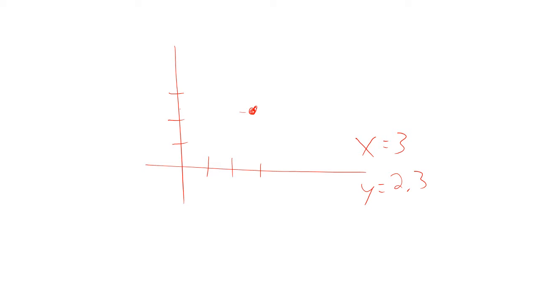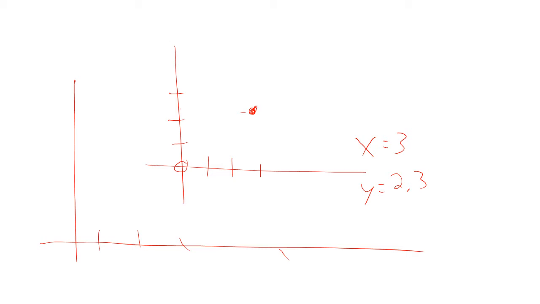But let's say that I had coordinates over here. And in these coordinate positions over here, this axis right here is x. So this is going to be x of the axis, and that's going to be 3.3.